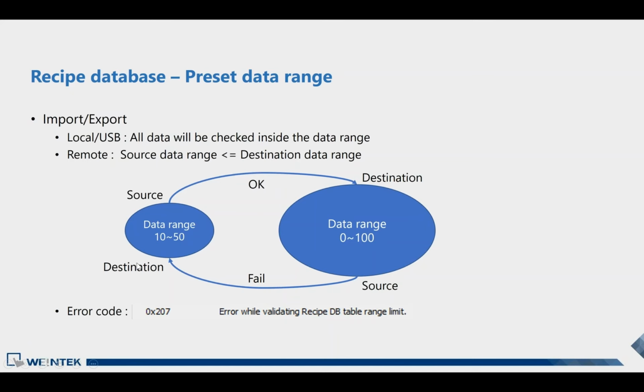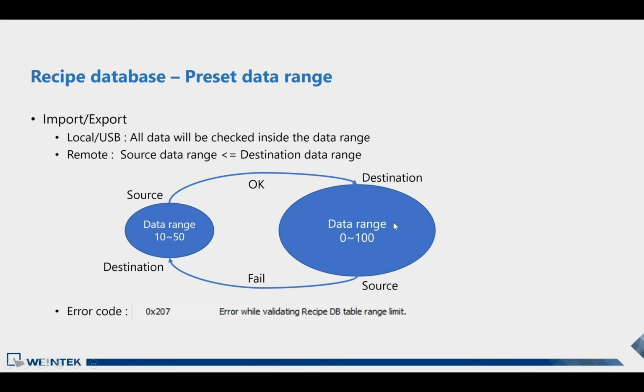So if you want to create and transfer the recipe database normally, you might need to make the data range on both sides identical, which means you have to make it the same data range.